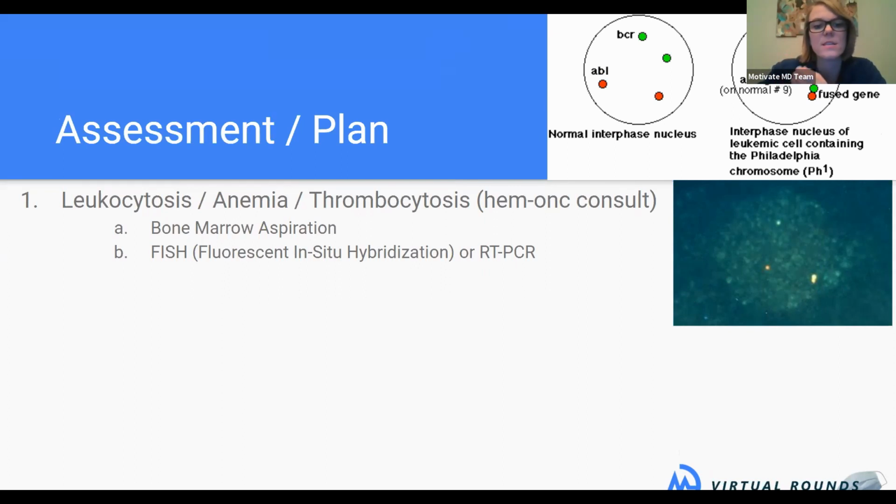It's fluorescence in situ hybridization, which is a $100 word to say that we're taking a probe and trying to match up a specific sequence of DNA to see if there's a translocation. That's what we're looking for in specific leukemias and specific genetic alterations. We can also do a very similar technique with PCR and look at the DNA as well.